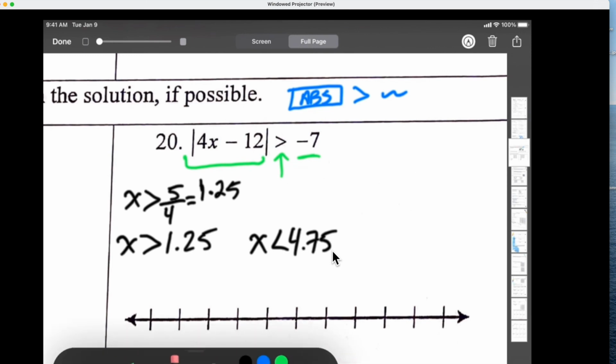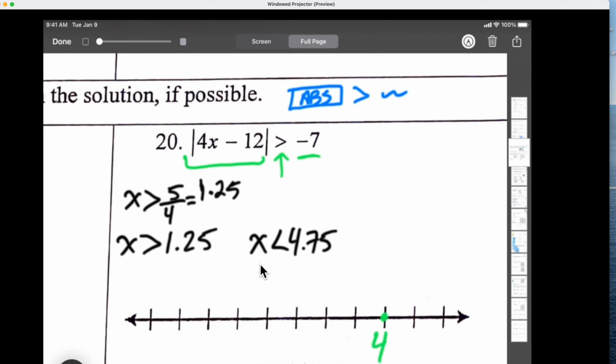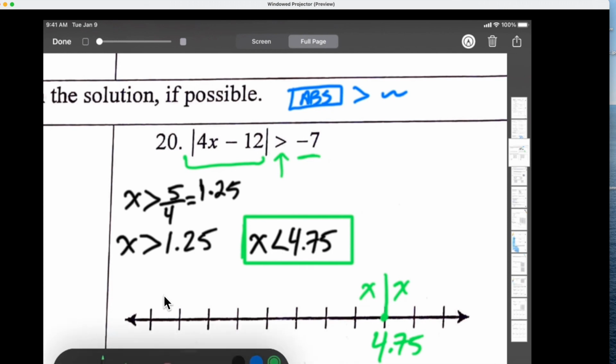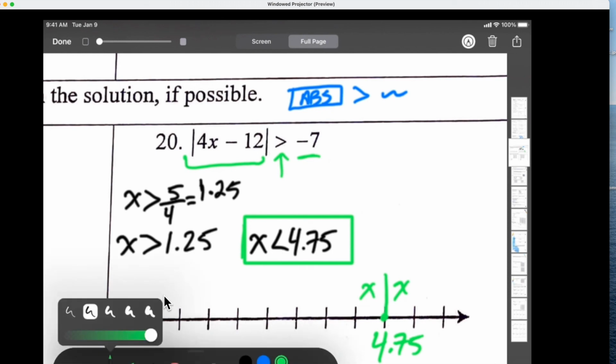On a number line, whatever's greater is to the right. So let's start there. Let's call this 4.75. We're going to put our line there, and we're going to put x's on both sides. And then we're going to follow what this is telling us. This is telling us to shade. Oh, and by the way, this is an open circle right now.